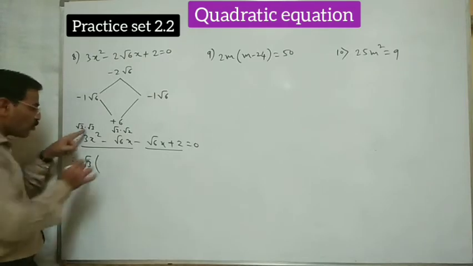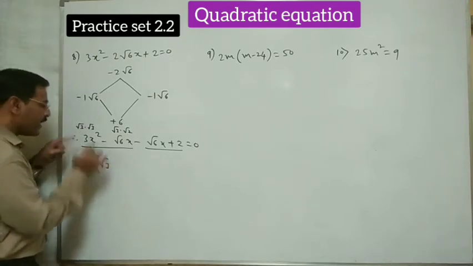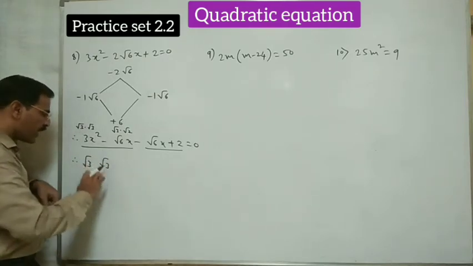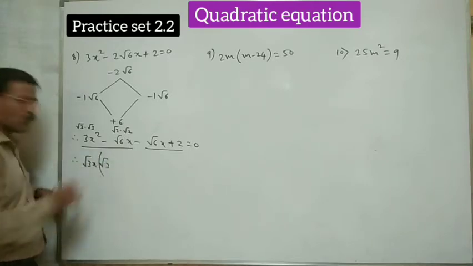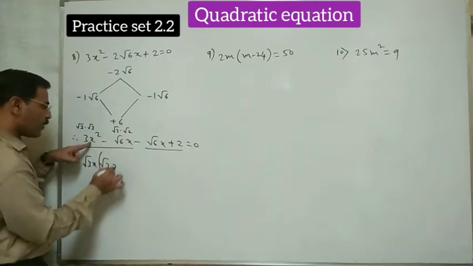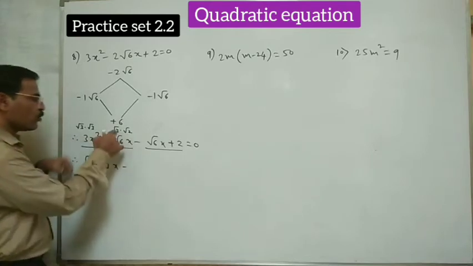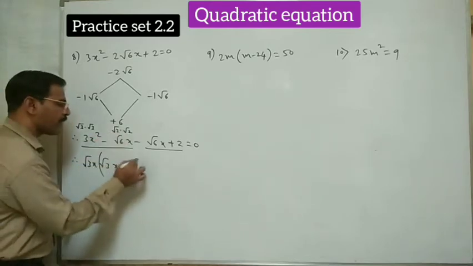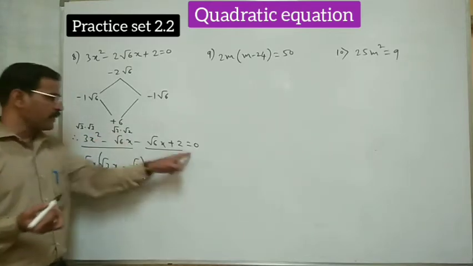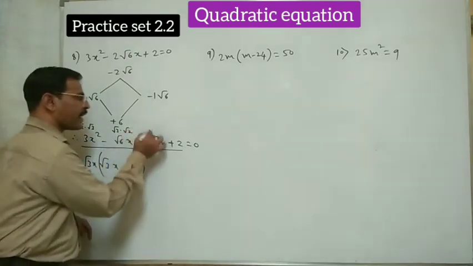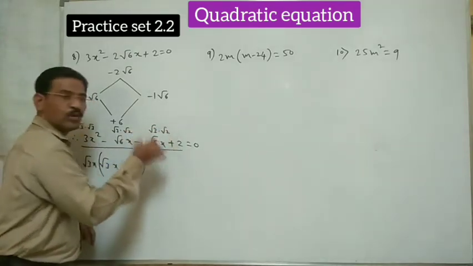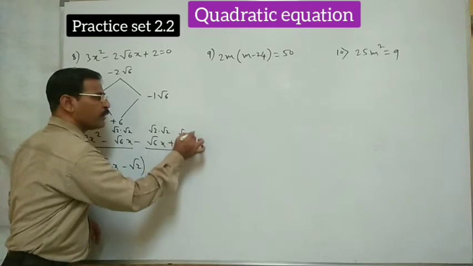Understand? But one more √3 still remains, and here not only √3, I will write x also. Here one more x remains, and here √3 will be taken common, √2 only remains like this. Now from these two, √6 means what? Again I will write √3 into √2. 2 means what? √2 into √2.